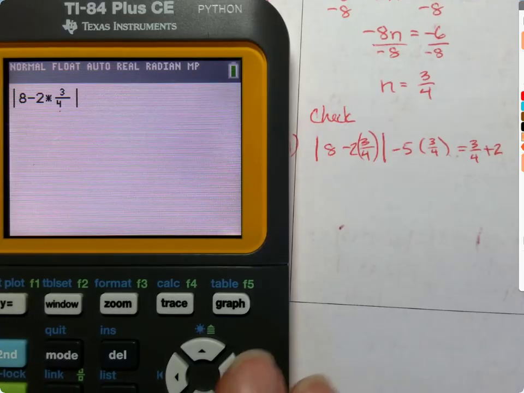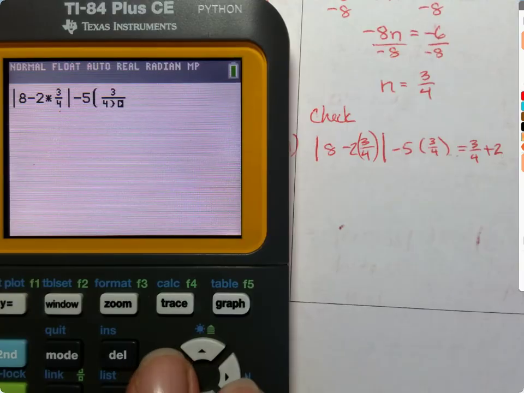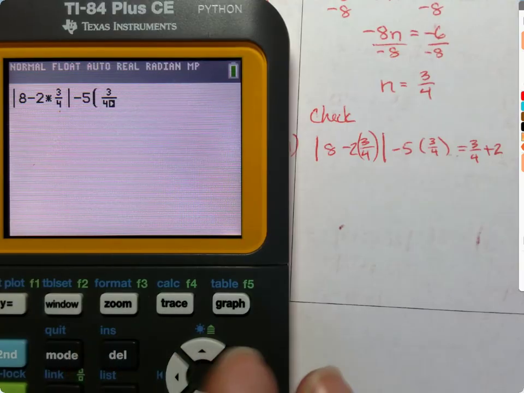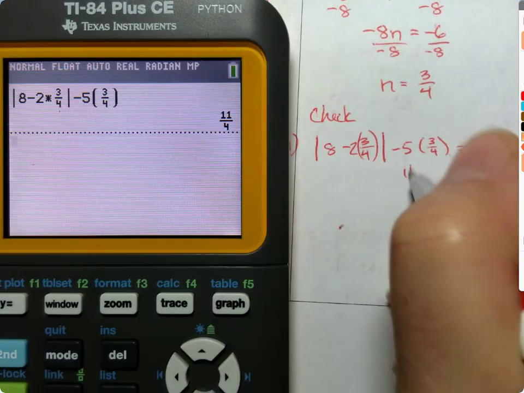It's probably taking me just as long to type this in, and then minus 5, and again times 3 over 4. Okay. I guess I have an extra parenthesis there. There we go.